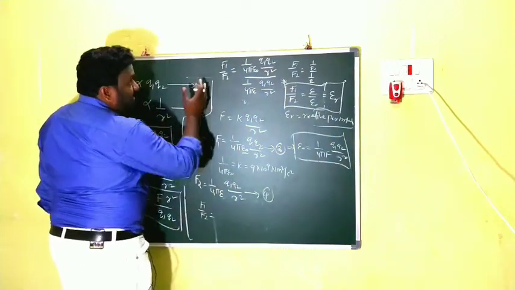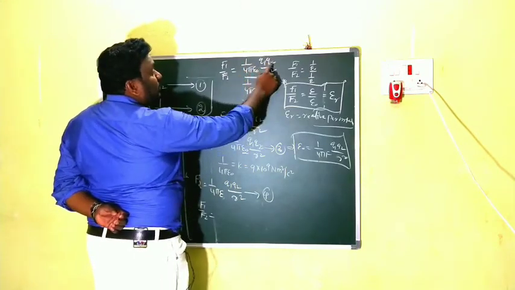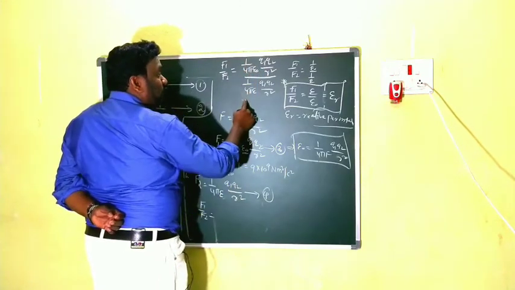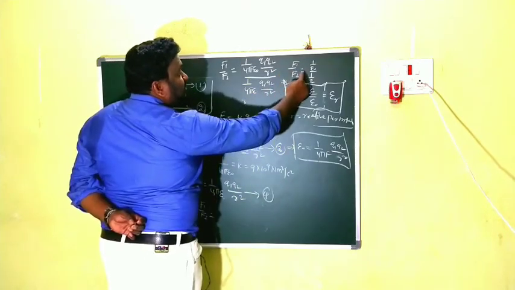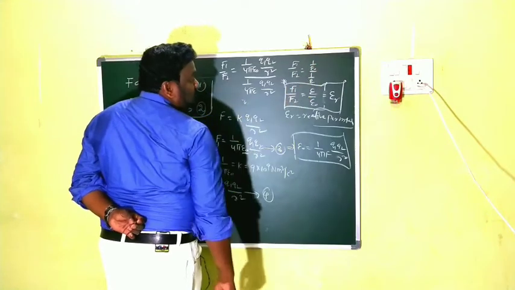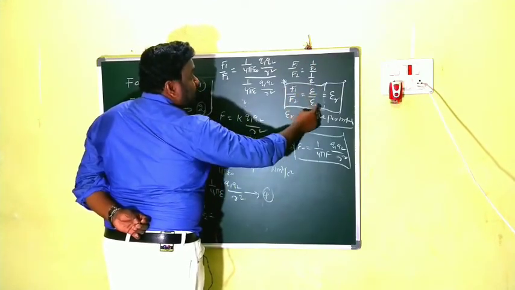And now we are dividing these two, F1 by F2. From that, what are we getting? 1 by 4 pi epsilon naught Q1 Q2 by R square by 1 by 4 pi epsilon Q1 Q2 by R square. From that, F1 by F2 is equal to 1 by epsilon naught by 1 by epsilon. Then F1 by F2 is equal to epsilon by epsilon naught.